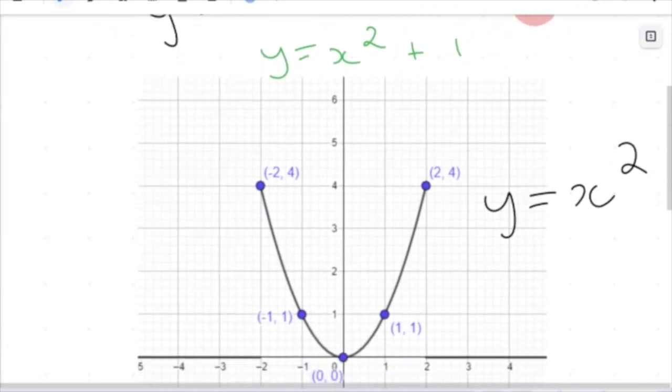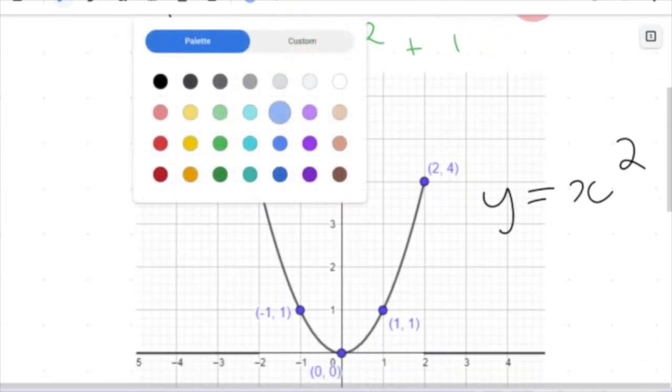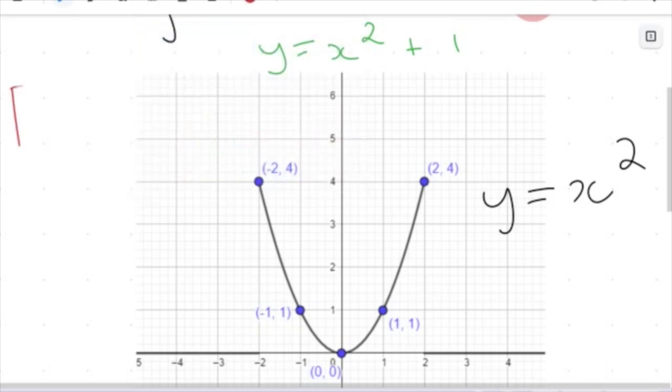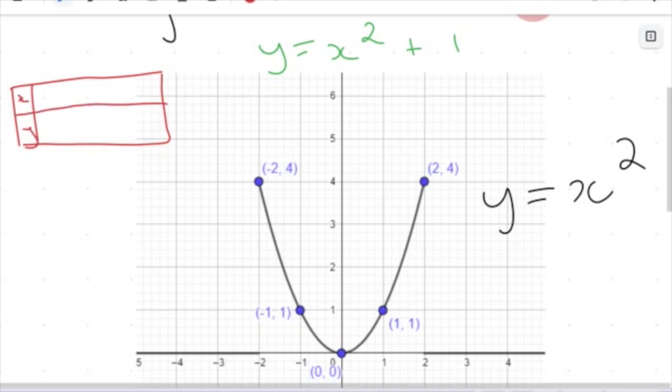Let's take a moment to draw up our trusty table of values and try to determine what this parabola might look like. We are still working with our x range of -2 all the way up to +2.